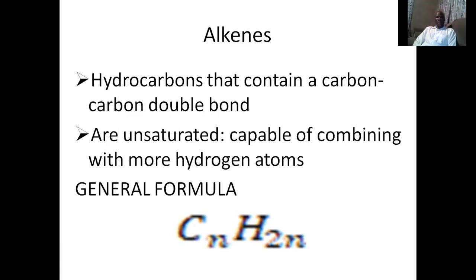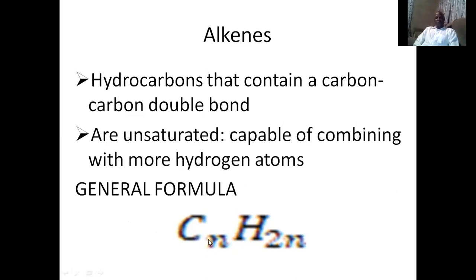There will be at least one point where you're going to have a double bond between two carbon atoms. This is a very important concept to understand. They are unsaturated because they are capable of combining with more hydrogen atoms. So the general formula for alkenes is as follows.